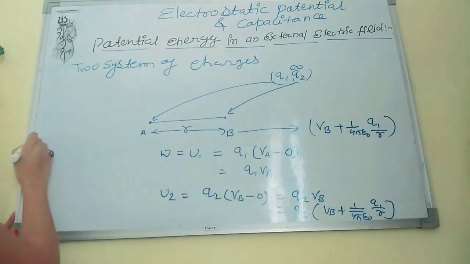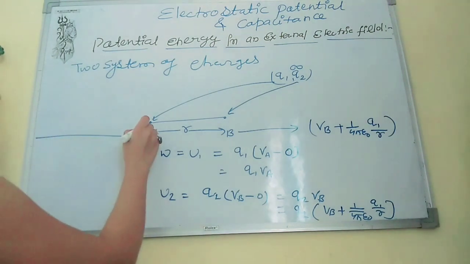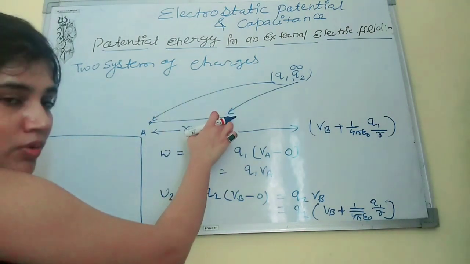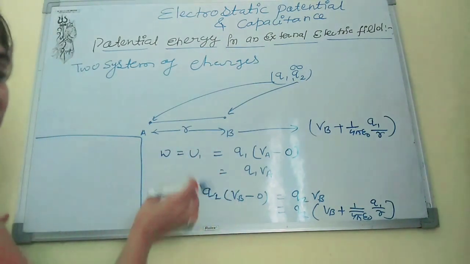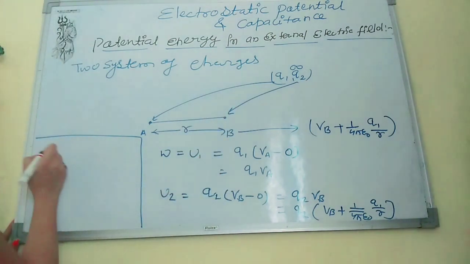Now we have the potential energy at this point and at this point, so the combined potential energy will simply be the sum, U1 plus U2.